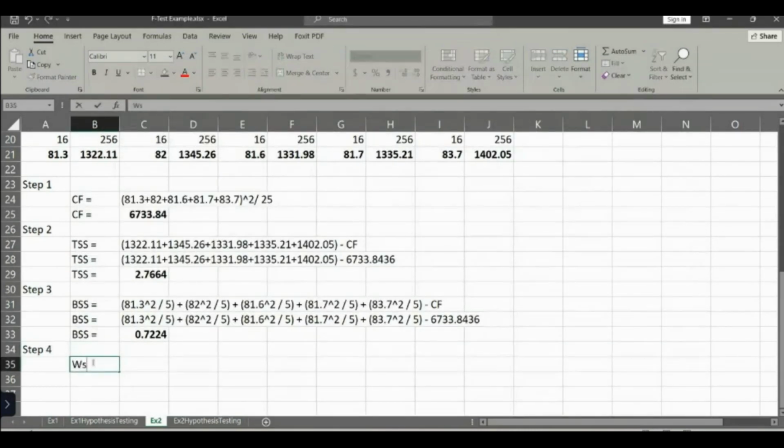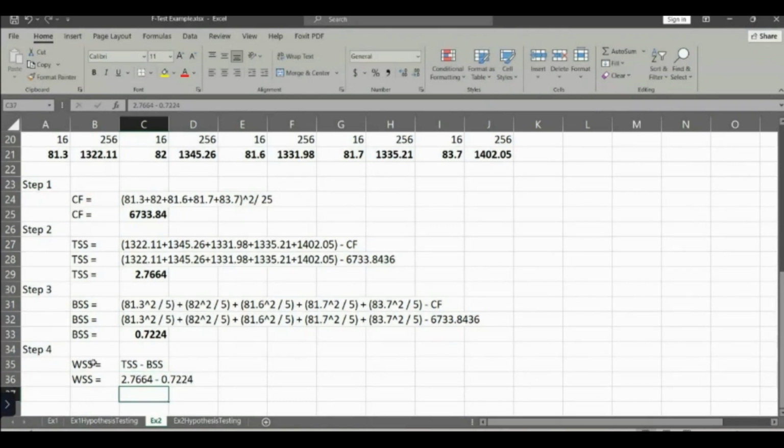So WSS is equivalent to TSS minus the BSS. In this case, we have 2.7664 minus 0.7224.